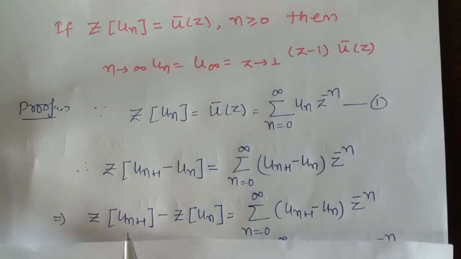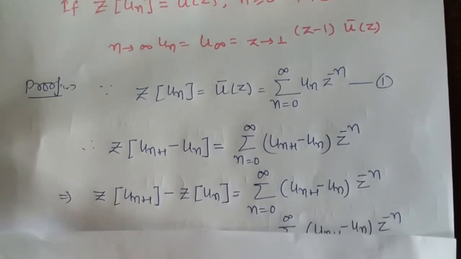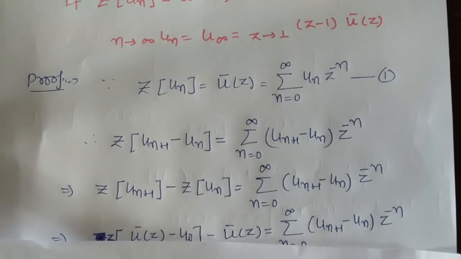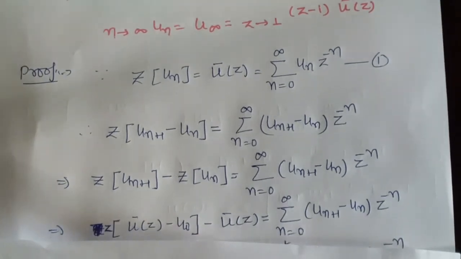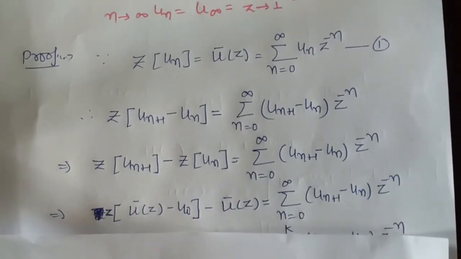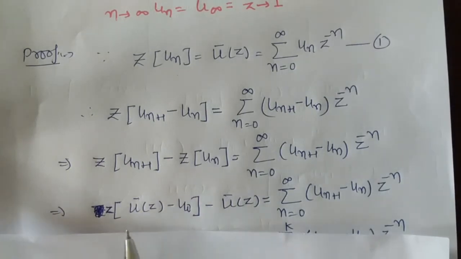Now by using the shifting to left property for the z transform of un plus 1, we get the z transform of un plus 1 is z into u bar z minus u0.